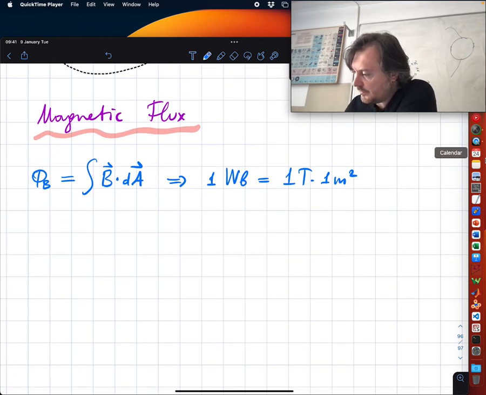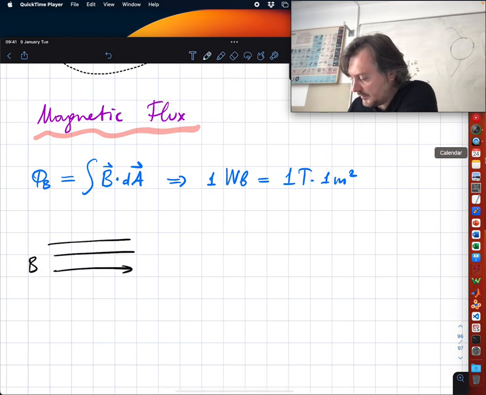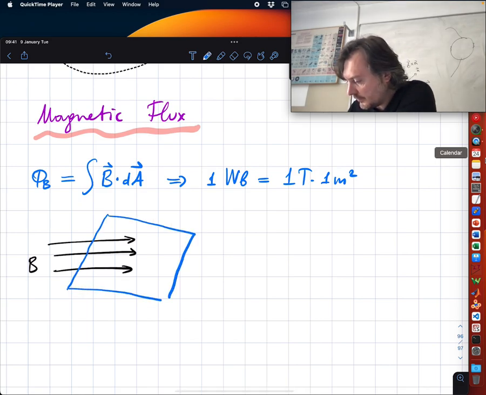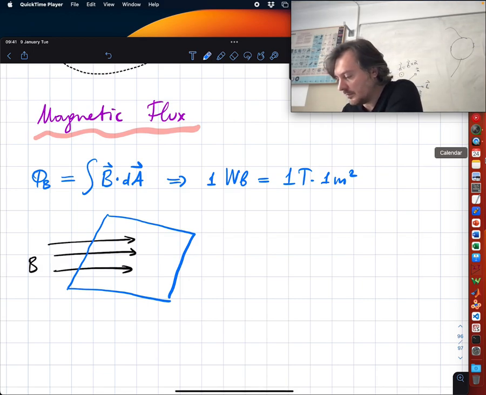For example, let's say you have a uniform magnetic field acting on a surface that is tilted by an angle theta. Let's say this is the area vector, and it's tilted with respect to this.